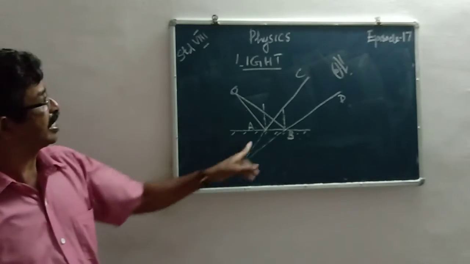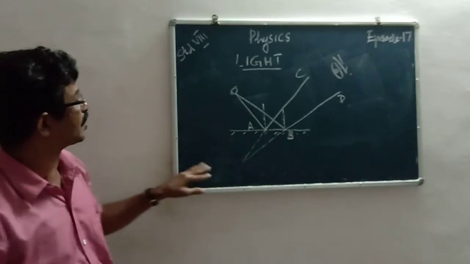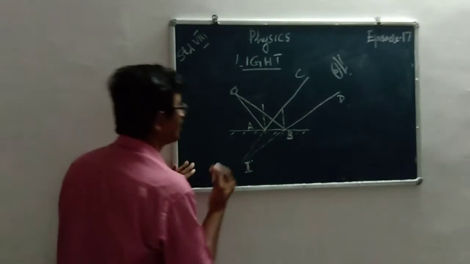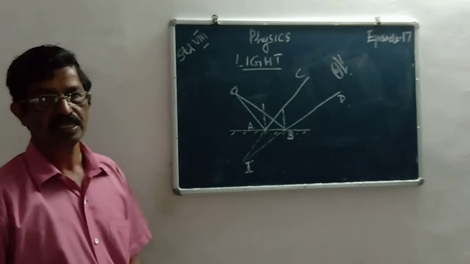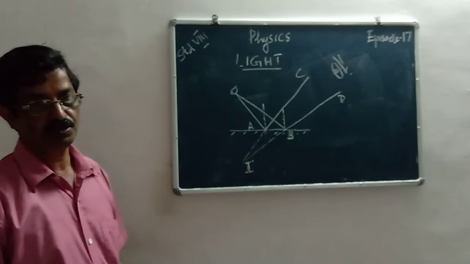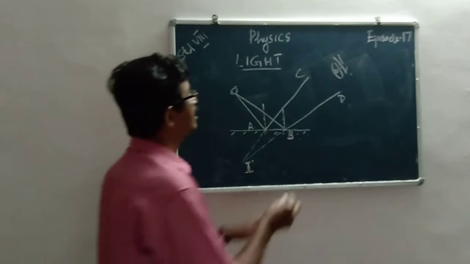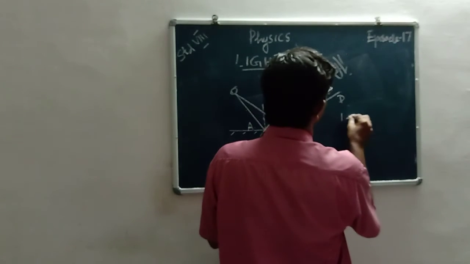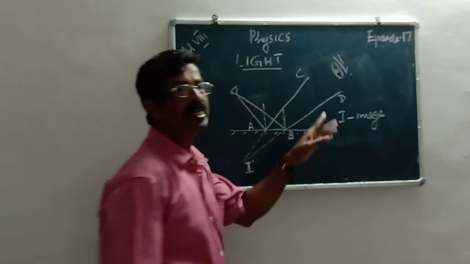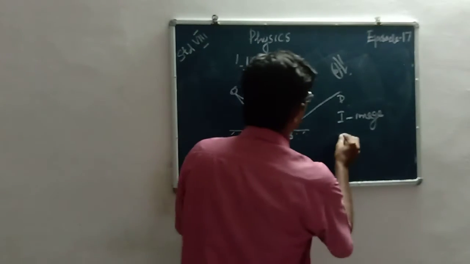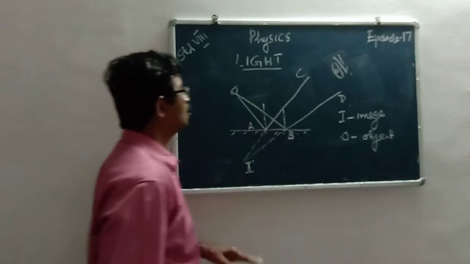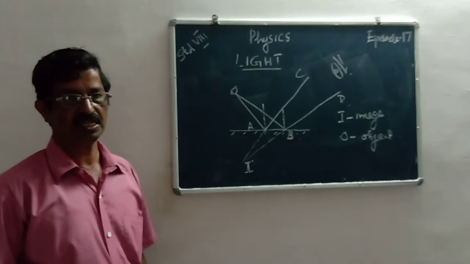Now what we can observe is that these rays meet at this point, the point I. So I is the image of the object O. So here we get the image.